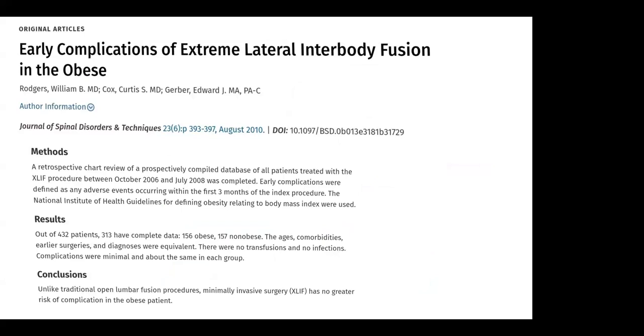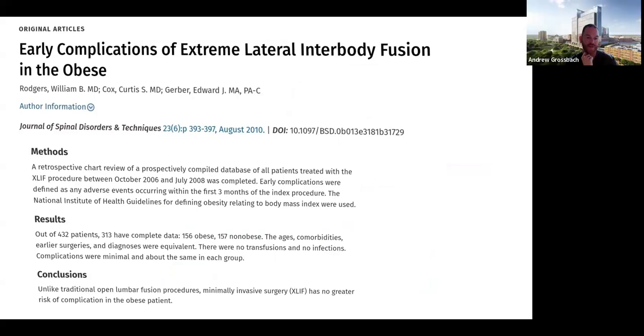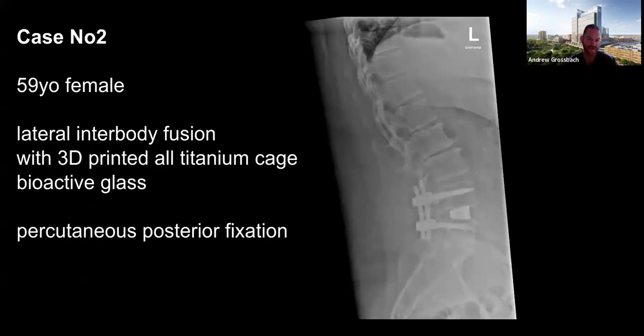Does anybody want to comment on this case, or otherwise I would proceed to the next case? I think it's a great use of the lateral interbody for this. In these patients you're going to have higher rates of subsidence, and so you can get a big cage in there. And the other thing that lends well to this versus the TLIF is the disc height.